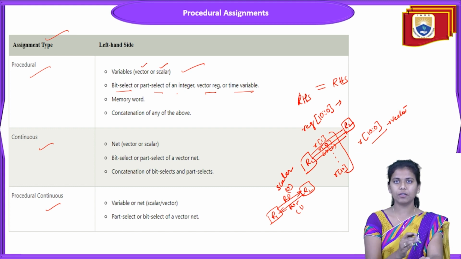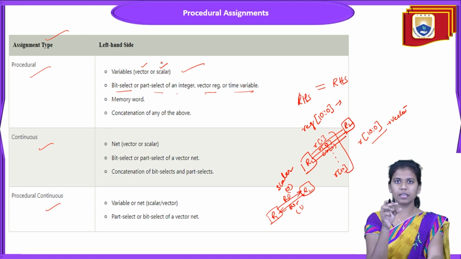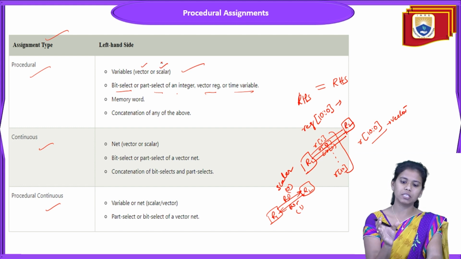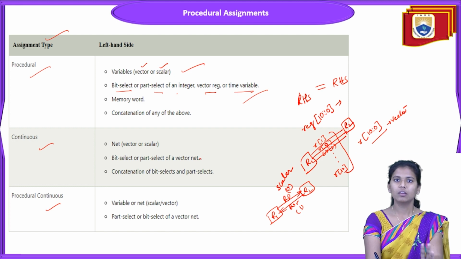On the left hand side, we can see the variables, vector or scalar, and the bit select. A bit can be selected, a part of a register can be selected, or else a vector register, or a time variable. You will see in the left hand side of the assignment also a word, not only a single bit but also a group of bits.